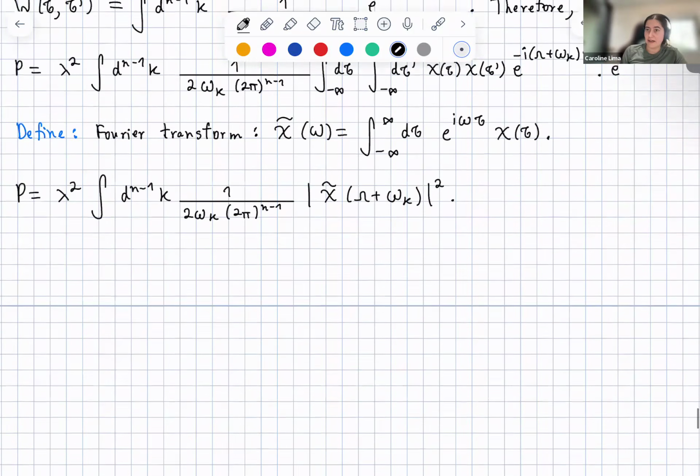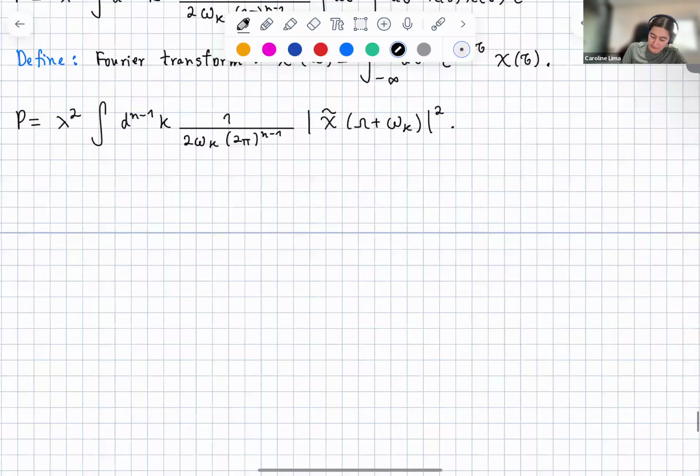Okay, so I guess we don't have that much time, but I wanted to ask you guys. We saw that we started with some detector that was in the ground state, right? And we're measuring this P, which is telling me the probability of excitation.